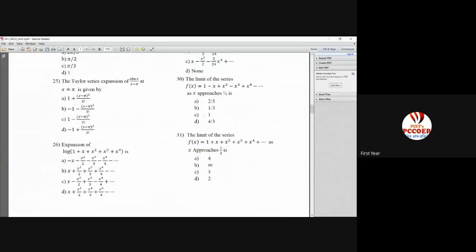Then what about this one? Limit of the series f of x is equal to 1 minus x plus x square minus x cube plus x raised to 4. What will be the answer of this? Can anybody tell?